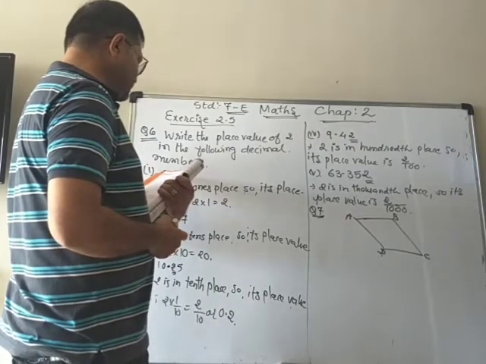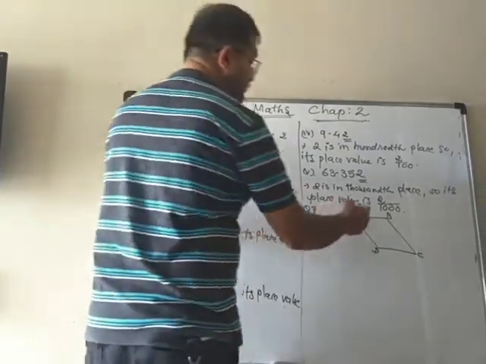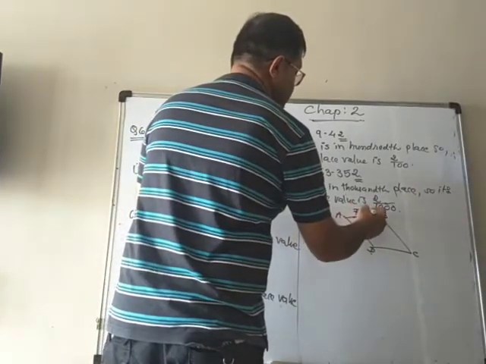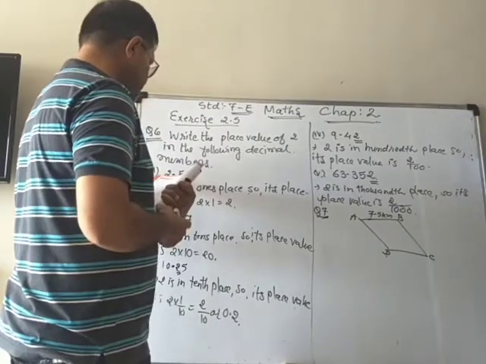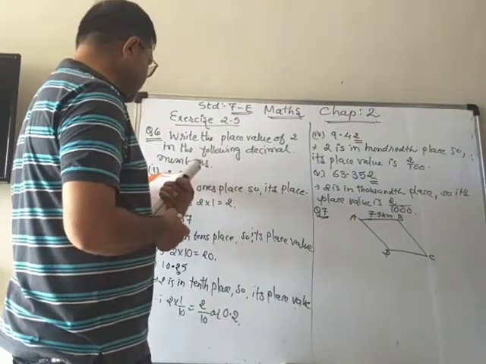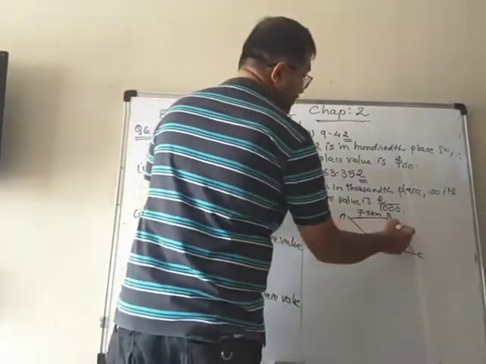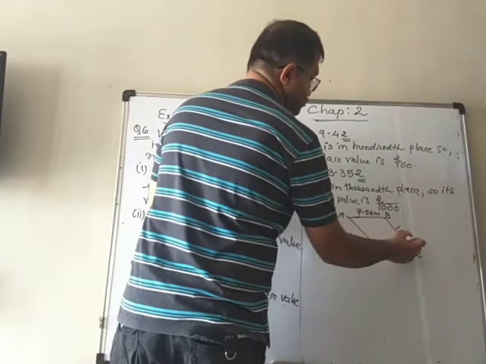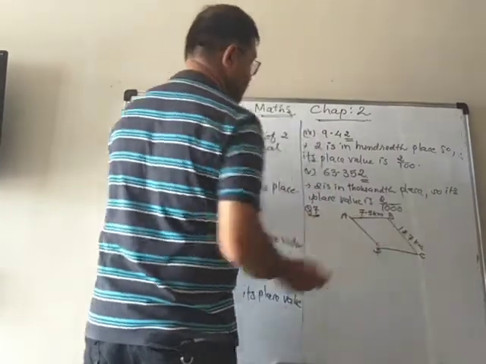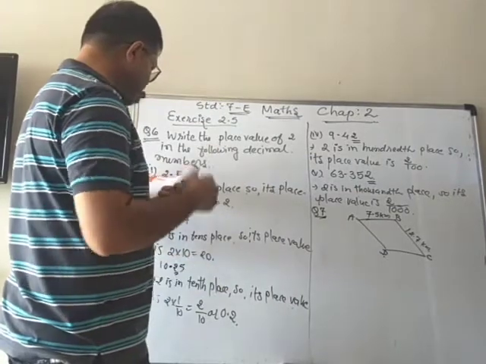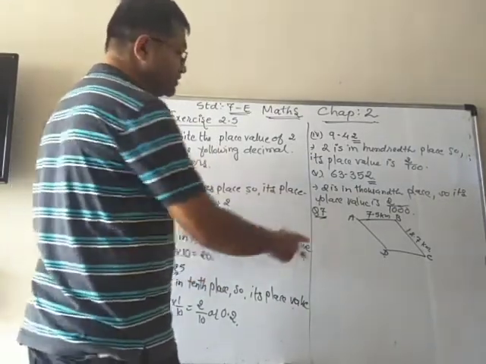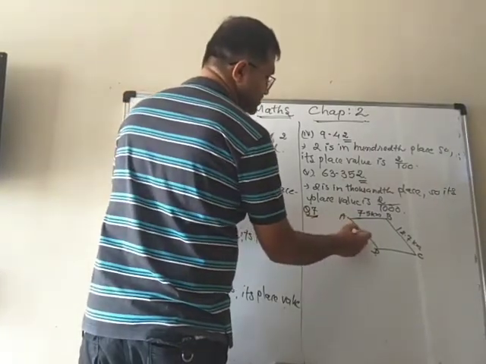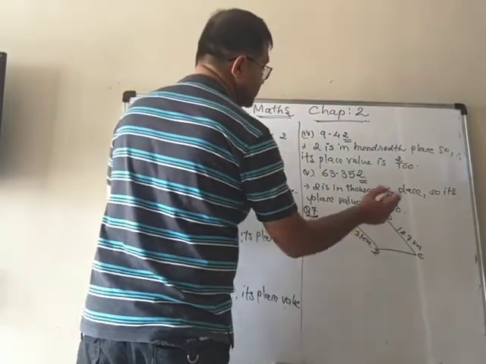A is 7.5 kilometers from B, meaning here the distance is 7.5 kilometers. B is 12.7 from C, so between them is 12.7 kilometers. Similarly, D is 9.3 from A, so this is 9.3 kilometers.